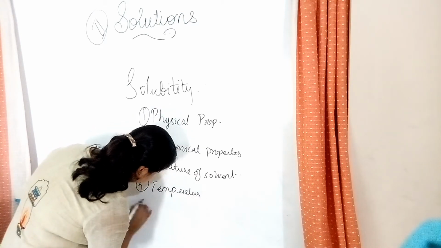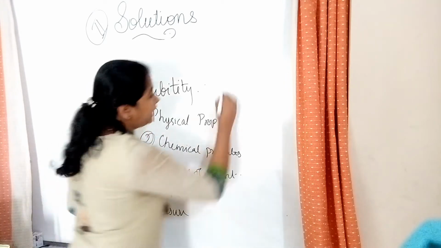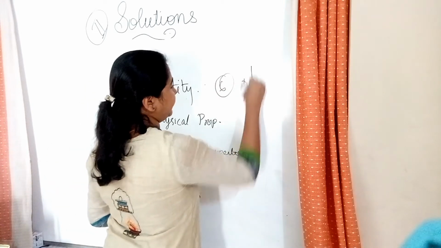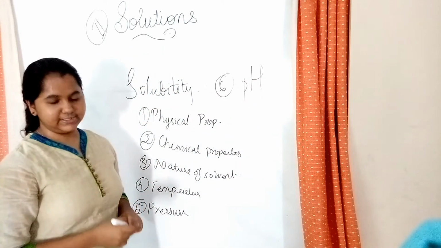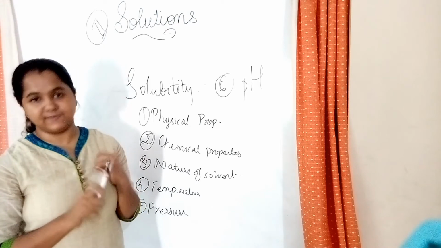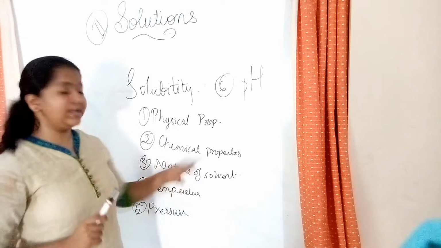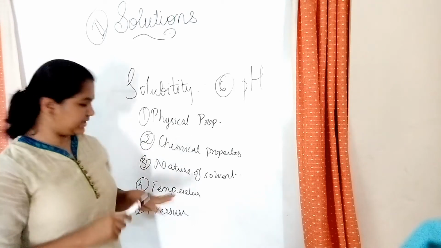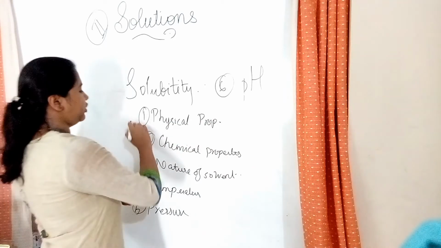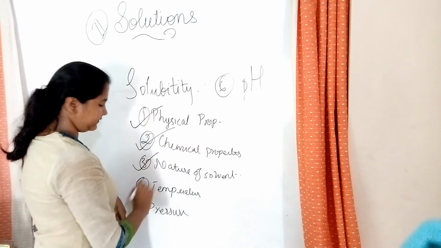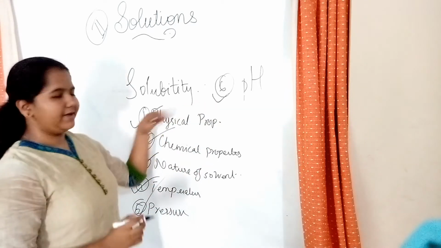The fifth one is pressure. And the sixth one is pH. These are the factors that affect solubility. So physical properties, chemical properties, nature of the solvent, temperature, pressure and pH. These are the 6 factors that affect solubility.